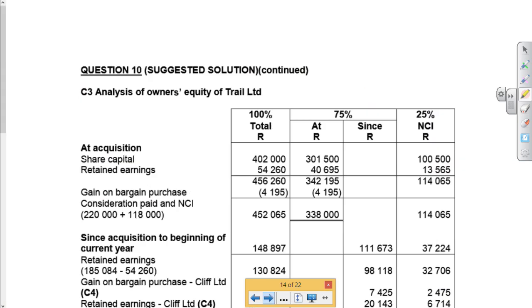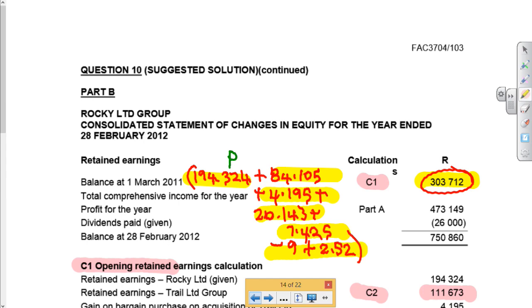Then you have to go to Calc 3. When you go to Calc 3 and you look at that number that they're pulling through, was it this one, 2143? Is that what it was? No, 111,673 is what comes.